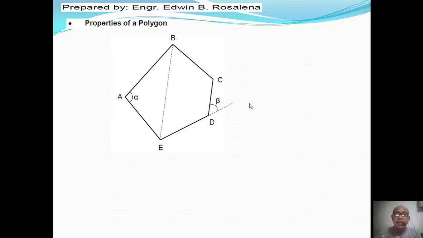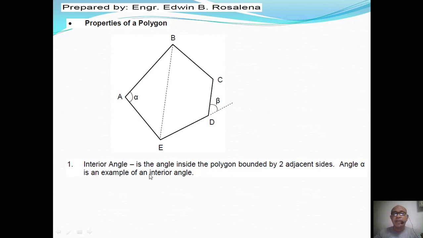Then we have diagonal. The diagonal is the line segment connecting two non-adjacent vertices. We have that here. An interior angle is the angle inside the polygon bounded by two adjacent sides, as in angle alpha.